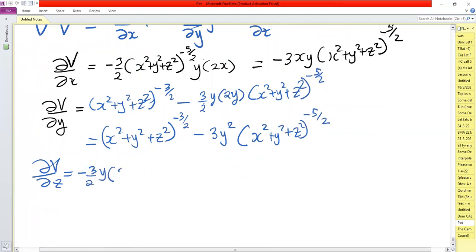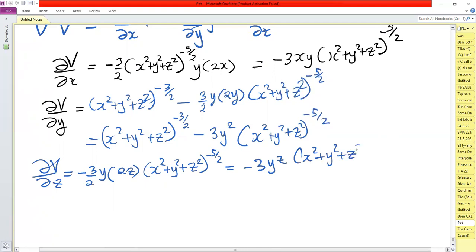If I differentiate inside, I get 2z. Then I have x squared plus y squared plus z squared to the power minus 5/2, which will be minus 3yz into x squared plus y squared plus z squared to the power minus 5/2.